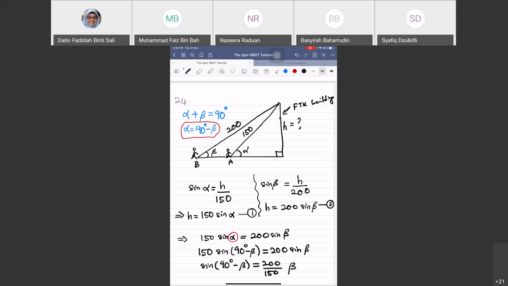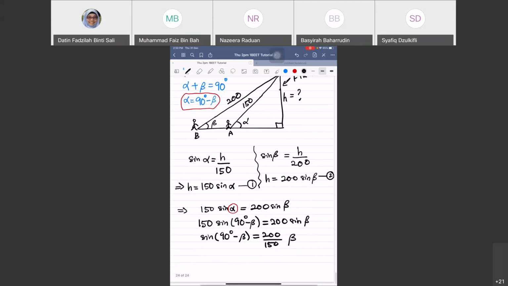You can simplify this number. It will be 4 over 3, right? But anyway, I think I'm missing my sine.